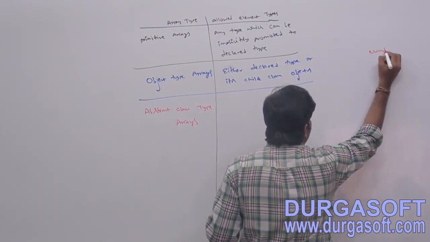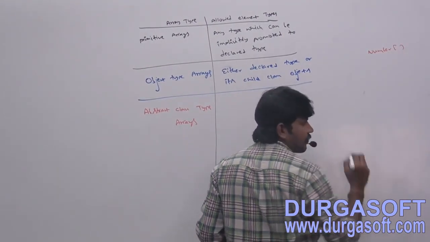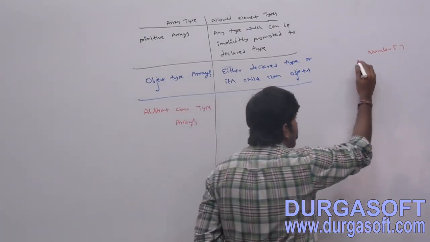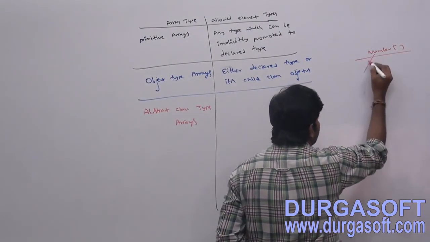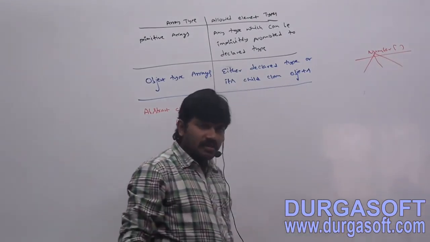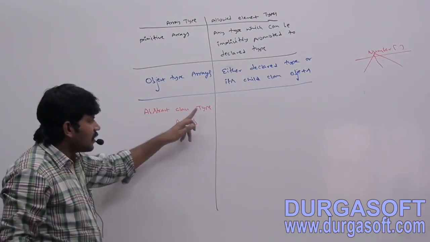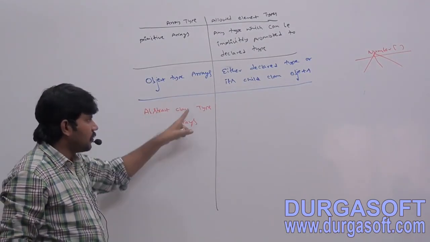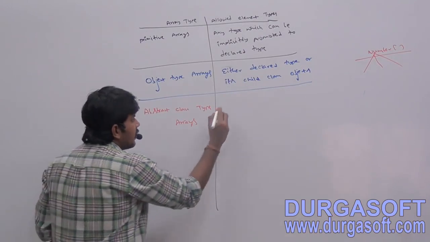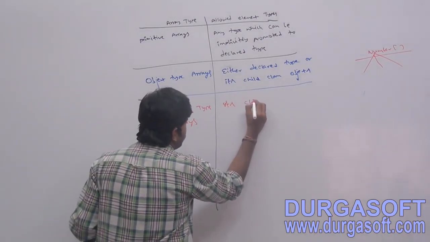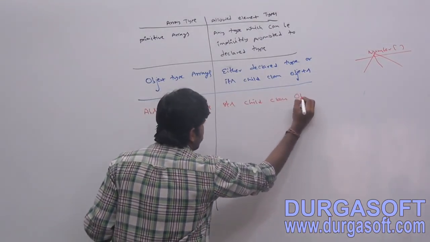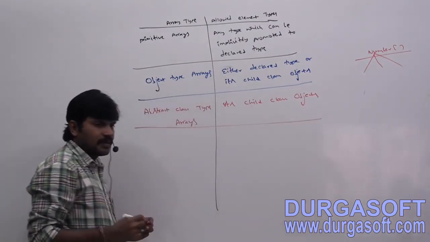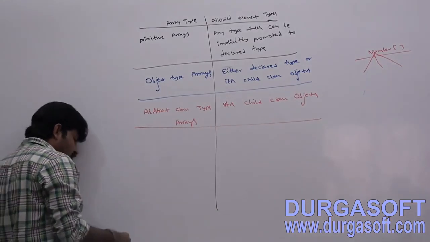Number. This example we covered, right? Number is an abstract class. For the Number array, which type of elements are allowed? Its child classes: Byte, Short, Integer, Float. Like abstract class type arrays, its child class objects are allowed.